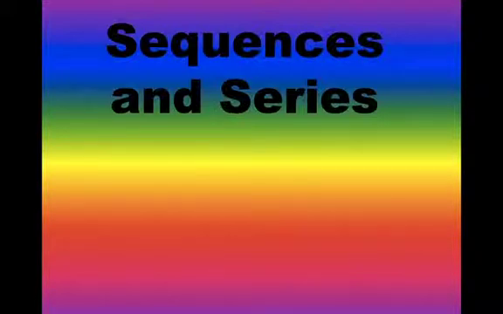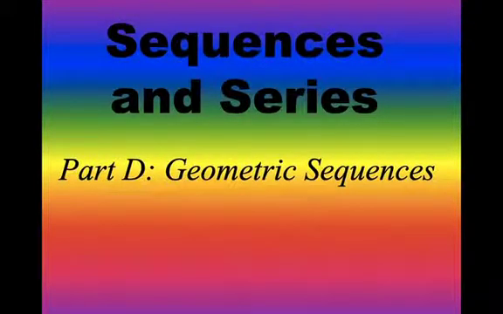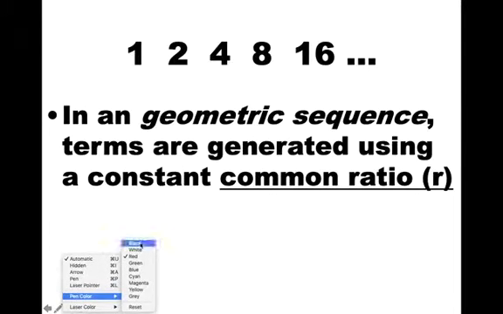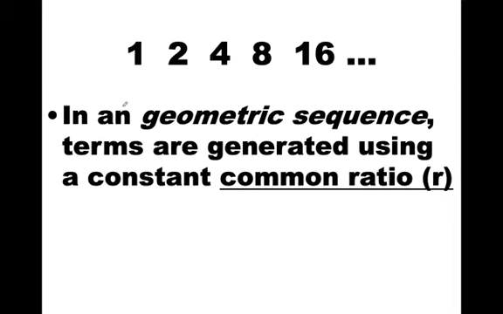Our next mathcast in our sequences and series chapter is going to be geometric sequences. Before, we saw our first type of sequences were arithmetic. This type will be called geometric. In a geometric sequence, terms are generated using a constant common ratio, r.